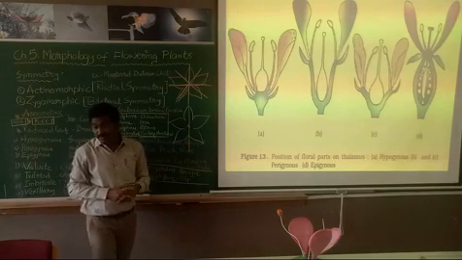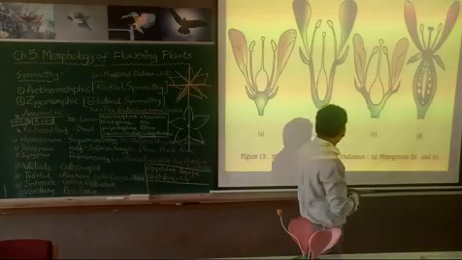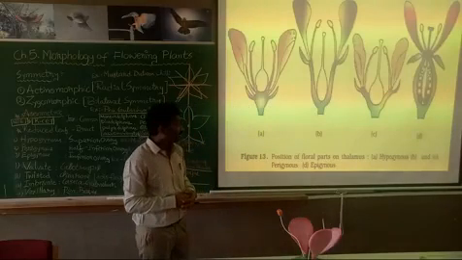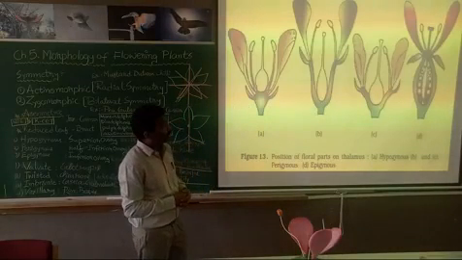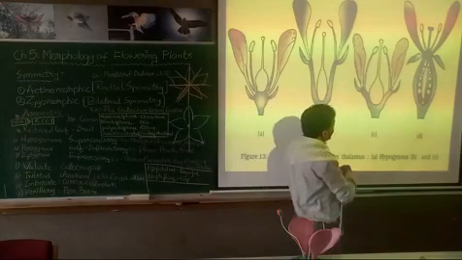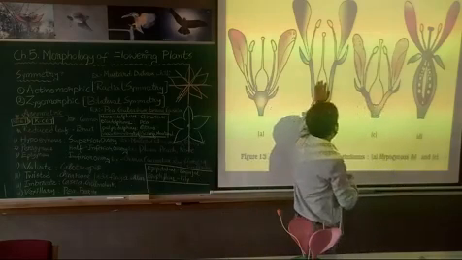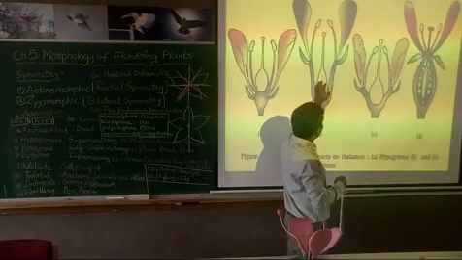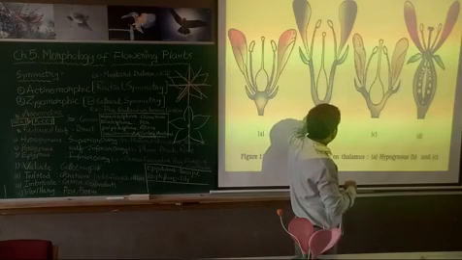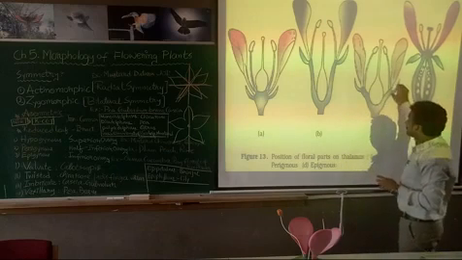Next, B diagram and C diagram. These diagrams are representing perigynous. The nature is called as perigynous. So what is meant by perigynous? If you see in this diagram, the ovary position is at the lower side, or below in position, and the rest of the parts, what are the rest of the parts?